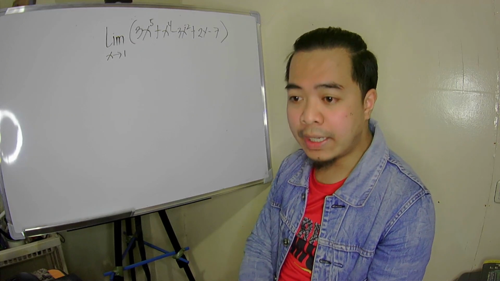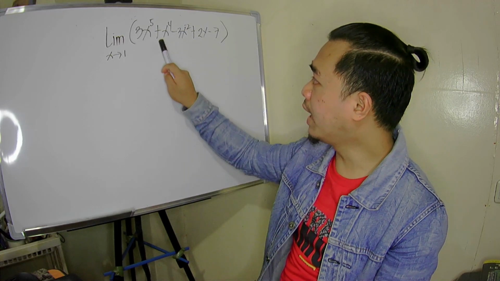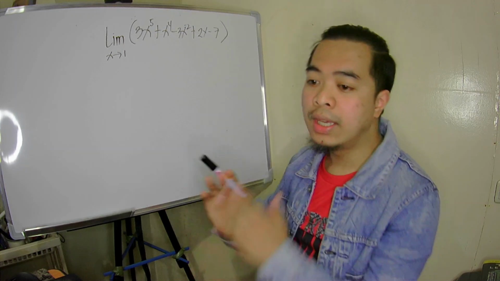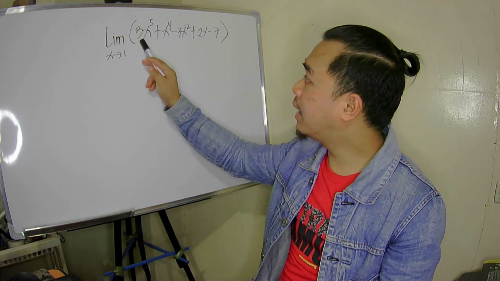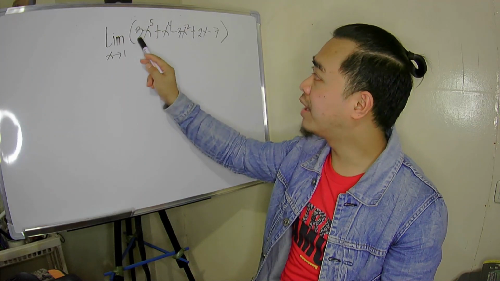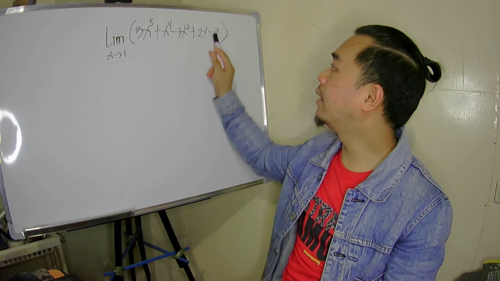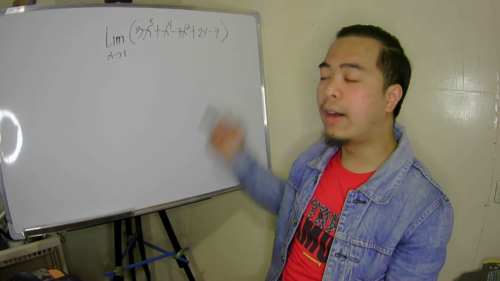We can apply the properties, no question. First, we separate the 5 terms, since there are 1, 2, 3, 4, 5 terms, as 5 different limits. Then we factor out the constants like 3 and 2, and use property 1 to evaluate the last limit, which is the limit of a constant.